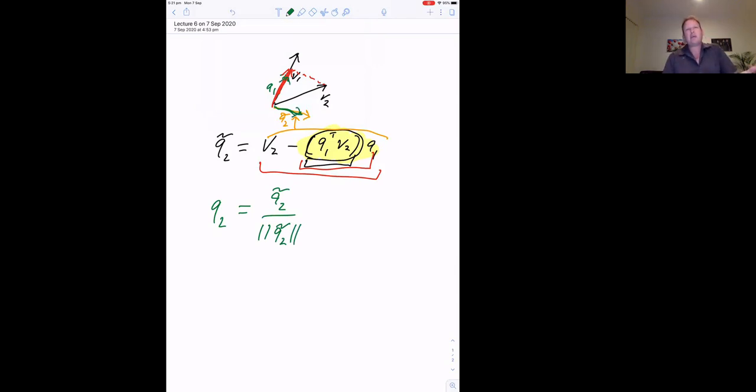It looks a bit silly. It says, I gave you 2 vectors, v1 and v2, just 2 vectors on the plane the way I'm drawing them. What you get is q1, q2, an orthonormal set that spans the same space spanned by v1, v2.